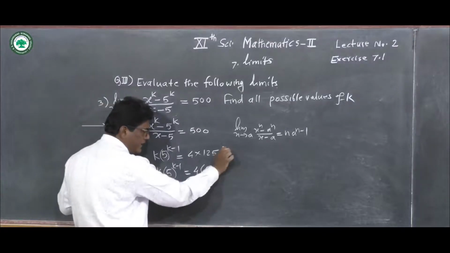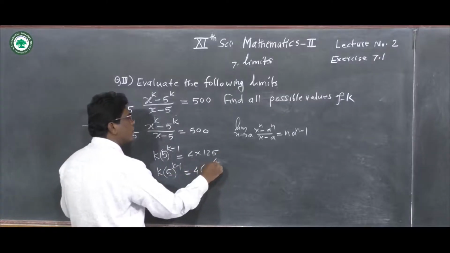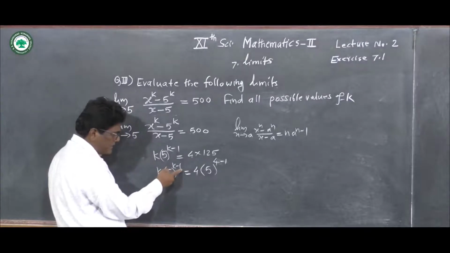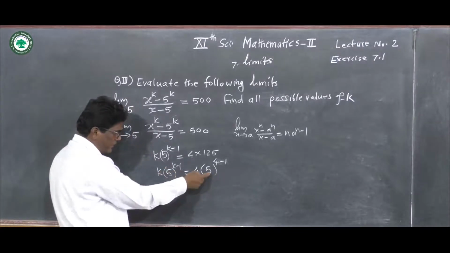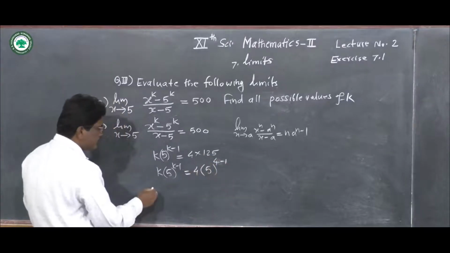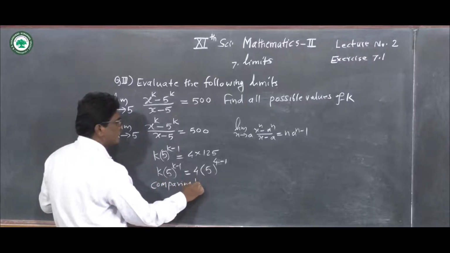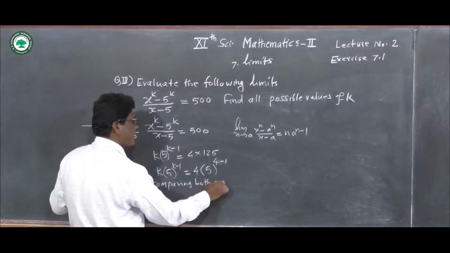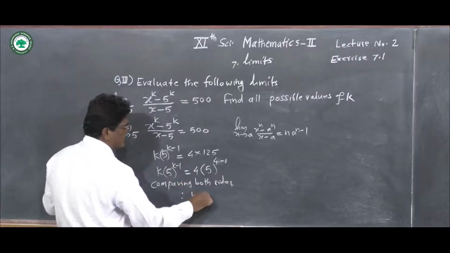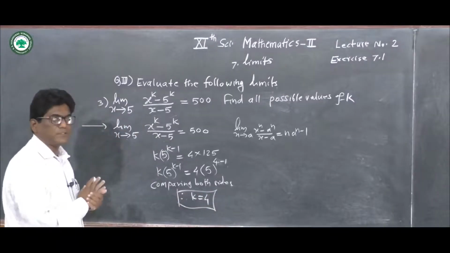And this 3 we write as k minus 1, so here 4 minus 1. So k into 5 to the power k minus 1 equals 4 into 5 to the power 4 minus 1. Comparing both sides, we get k is equal to 4. So this is the solution of the third problem.